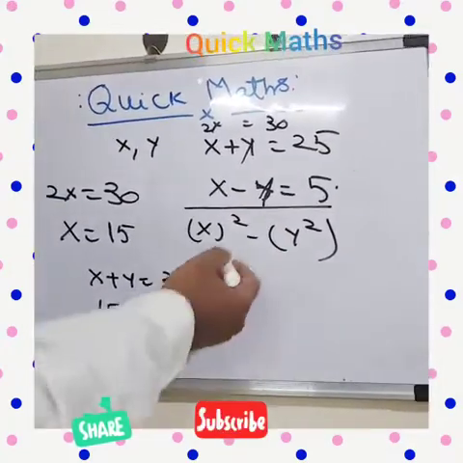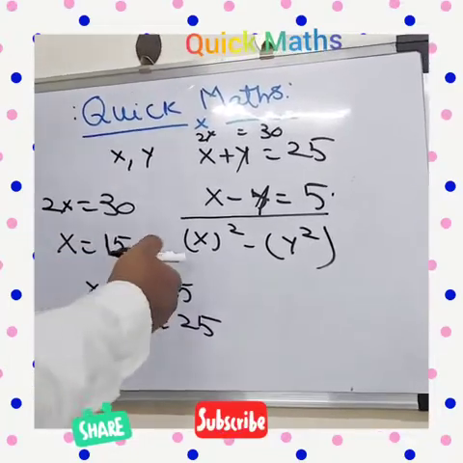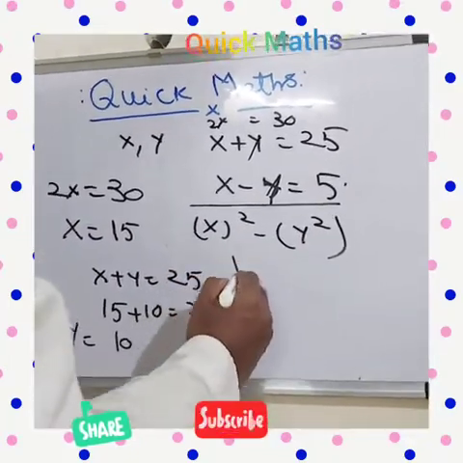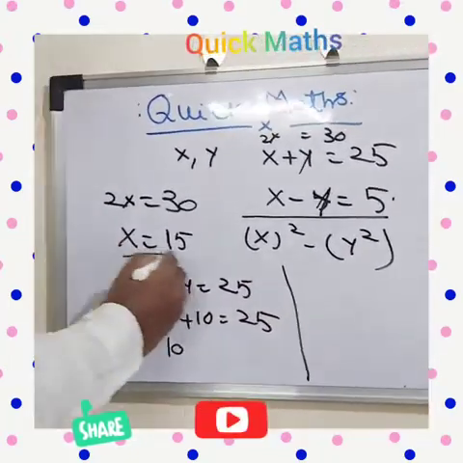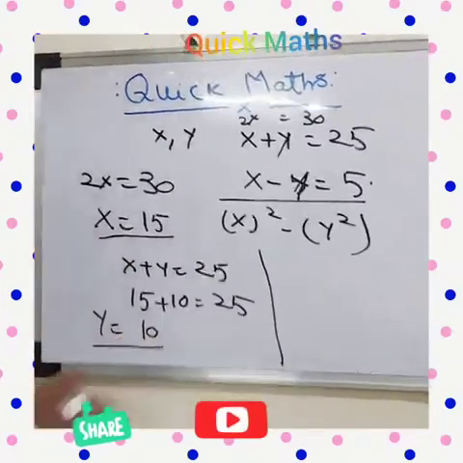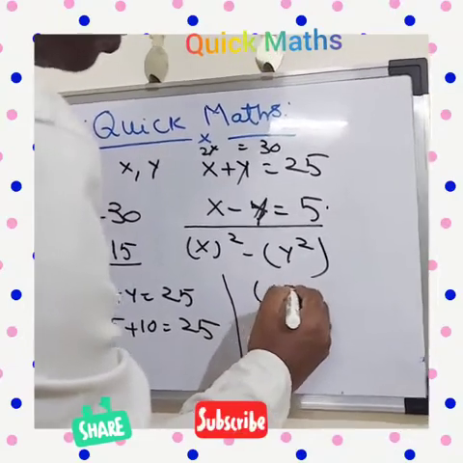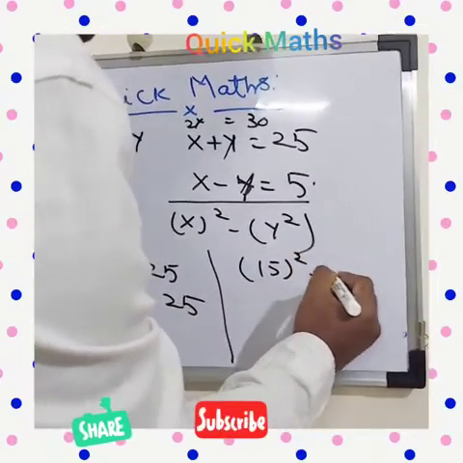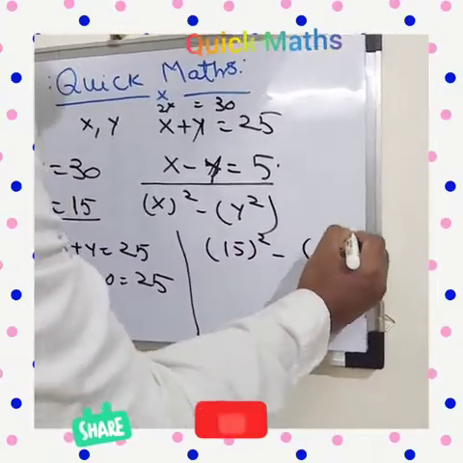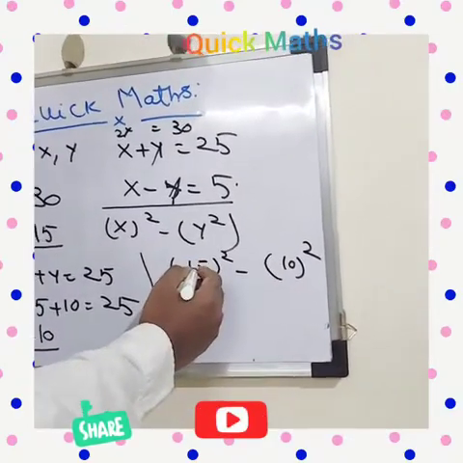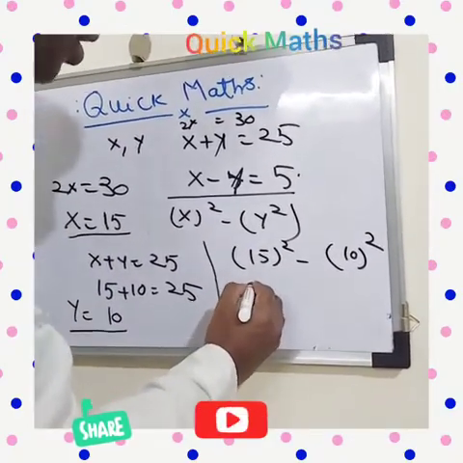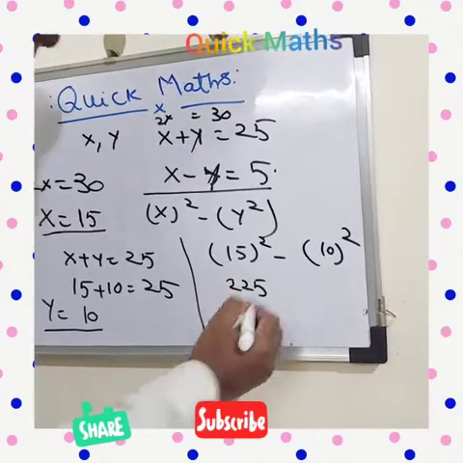So now you can find the value of x square minus y square very easily, because you know the value of x and the value of y. x square is 15 square, and y square is 10 square. 15 square is 225, when you multiply 15 into 15.